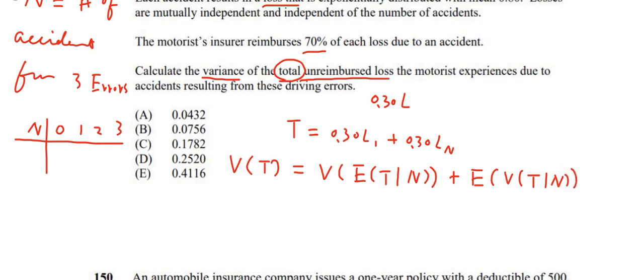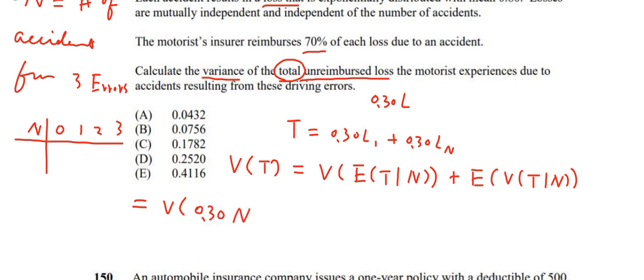So I put it here, V of ET. So what is ET? ET equals 0.30, and how many L's?